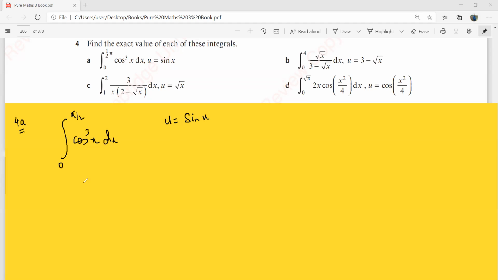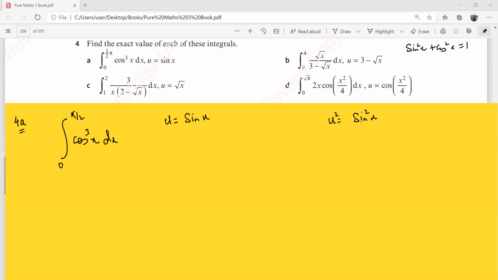Now first of all, the substitution given is sine x, but you have cos cube x here. So we'll have to see that u square is going to be sine square of x, because the identities that help us to switch between sine and cos start from the fact that sine square x plus cos square x is equal to 1.